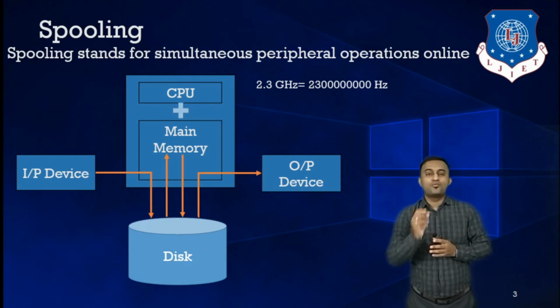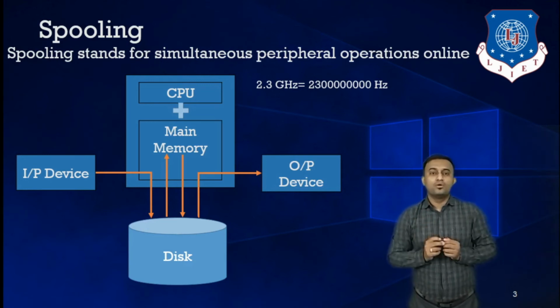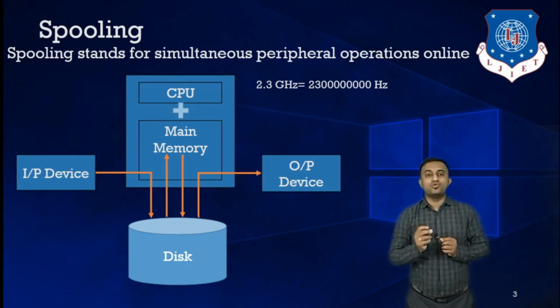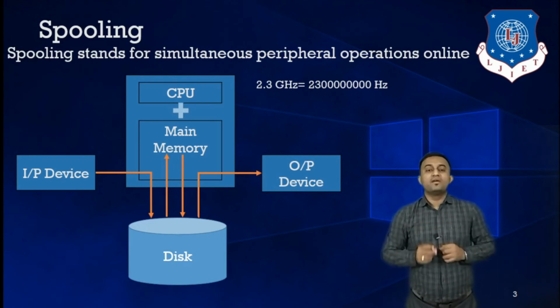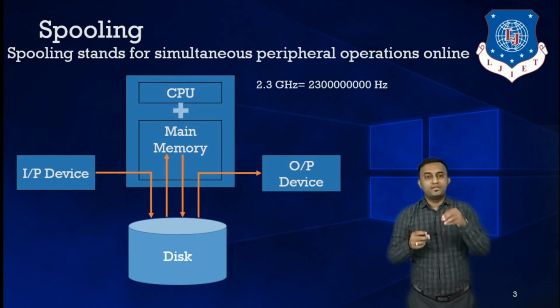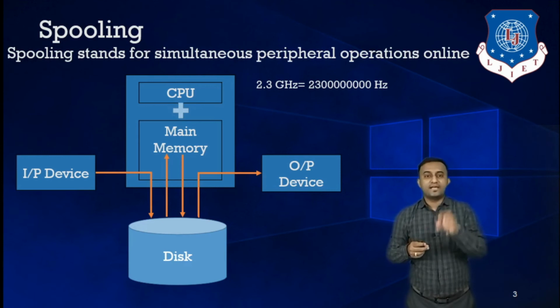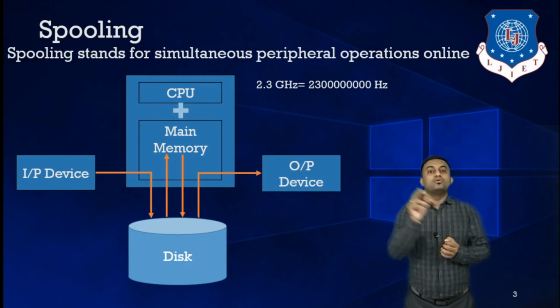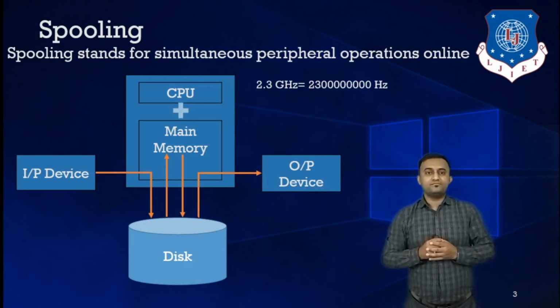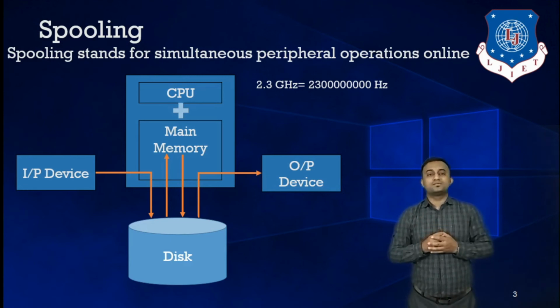Whatever output is generated by the CPU, the computation performed by the CPU, will be stored again in secondary memory in the fourth step. And in the fifth step, with the help of secondary memory, that output will be given to the output device. So in this way, spooling works.